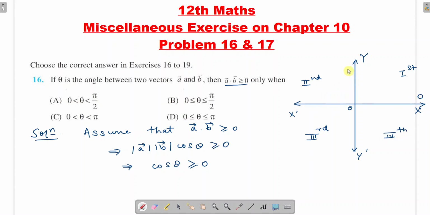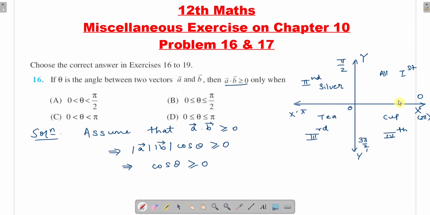This is 0 degrees, this is pi by 2 radians, then this is pi, this is 3 pi by 2, and then 2 pi. In the first quadrant all ratios are positive, in the second quadrant sine is positive, so silver here, then here tan is positive, so T, and here cosine is positive, so cup.